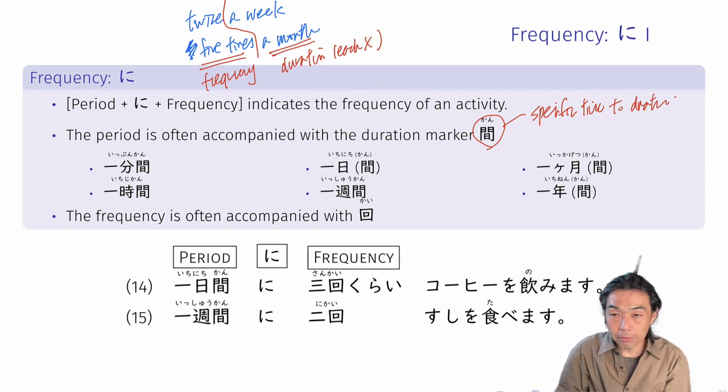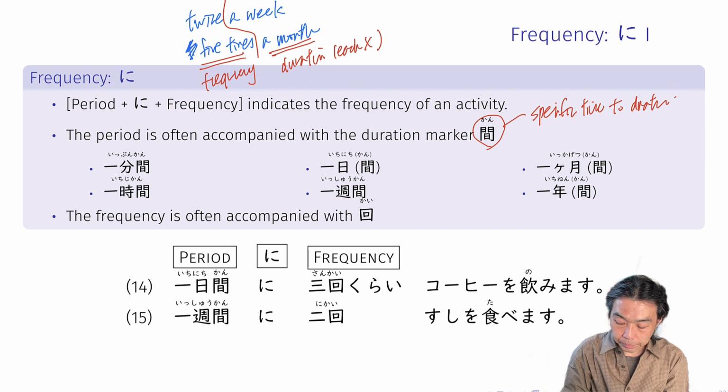So for example, if I say ichiji, that's a specific time, 1 o'clock. So 1 o'clock is always 1 o'clock. But if you add kan after that, ichiji kan, that becomes 1 hour. So it doesn't indicate any specific time anymore, but talks about the duration, right?